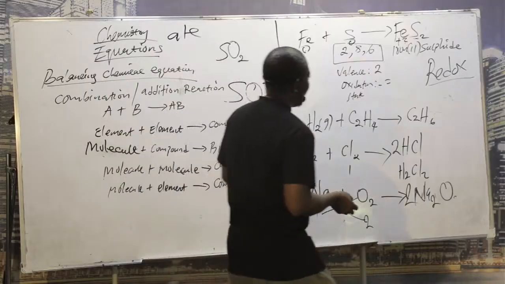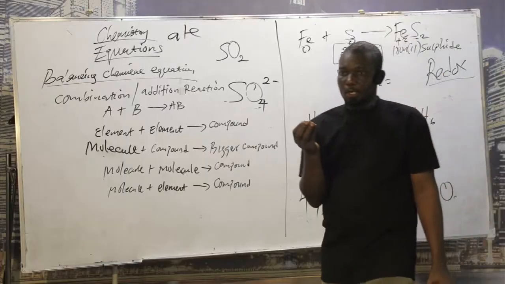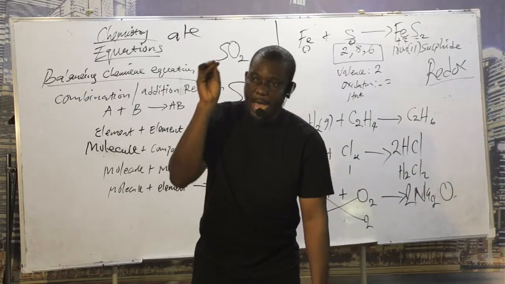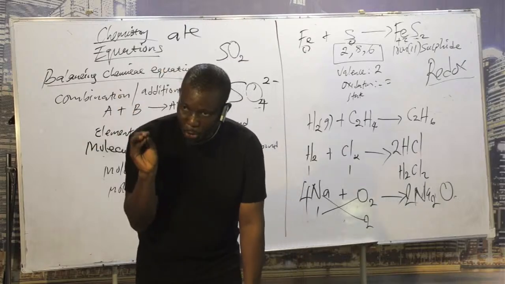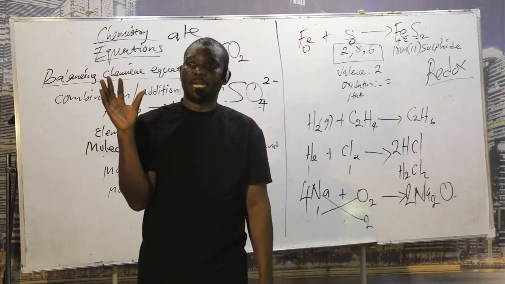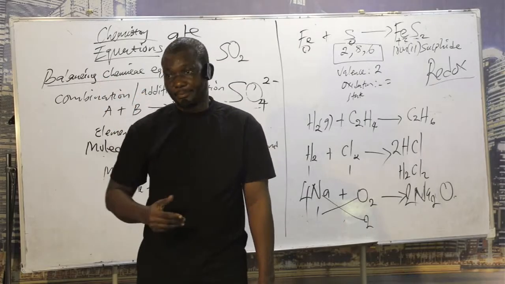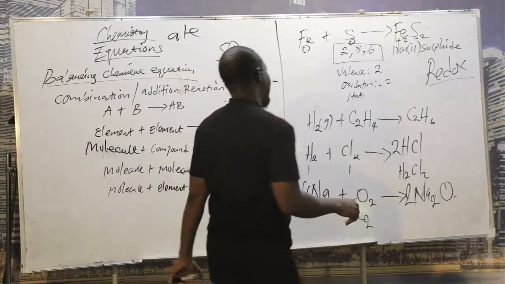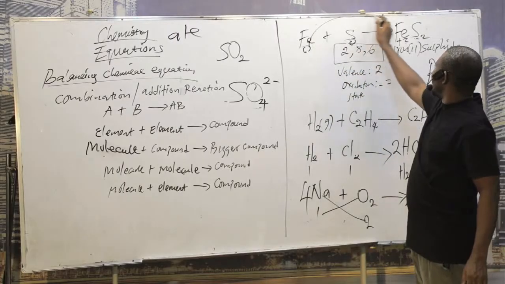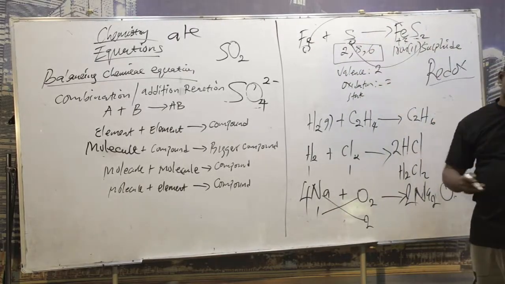So if sulfur is -2, iron will be +2. That +2 and -2 give you 0. That's why, if I'm naming the compound, I will name it iron(II) sulfide.